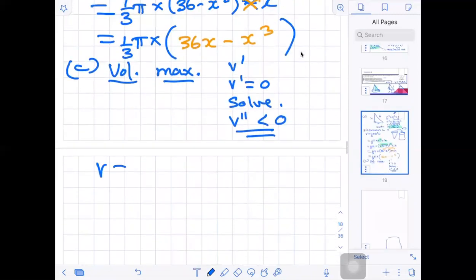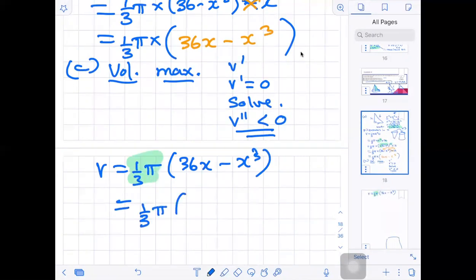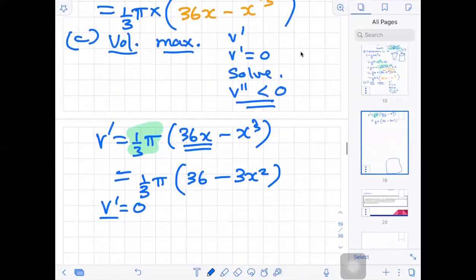So I have V equals 1/3 pi, 36x minus x cubed. You have to learn just to multiply these constants through. So you get 1/3 pi, 36, because 36x, the x disappears, goes to 36, minus 3x squared. That's going to be V dash. So V dash equals 0.